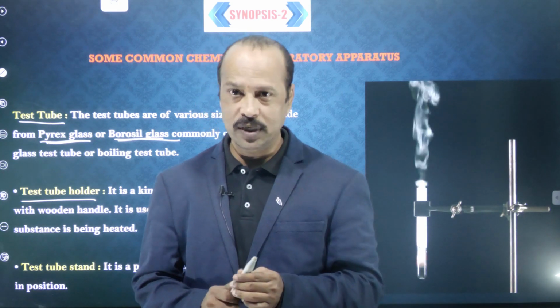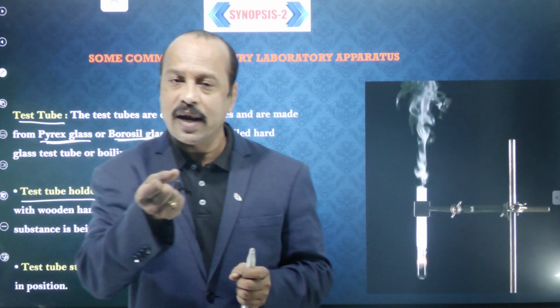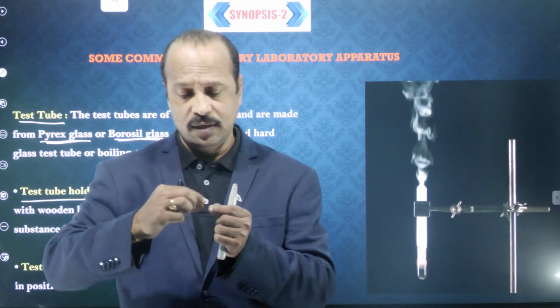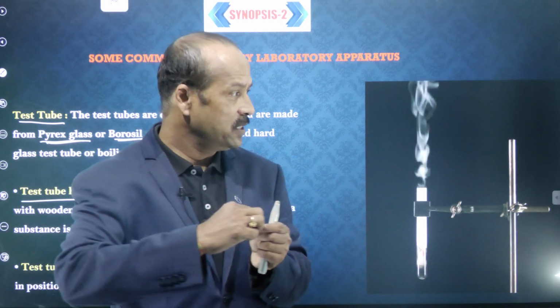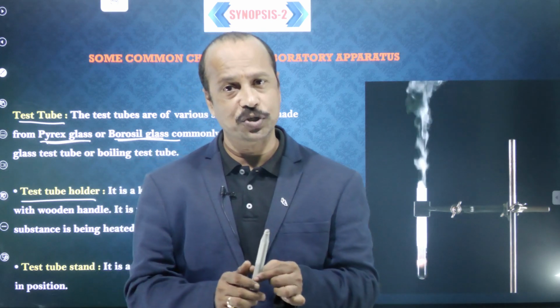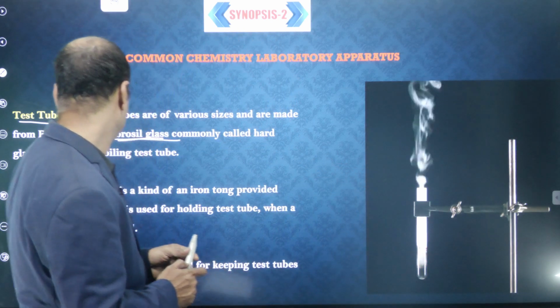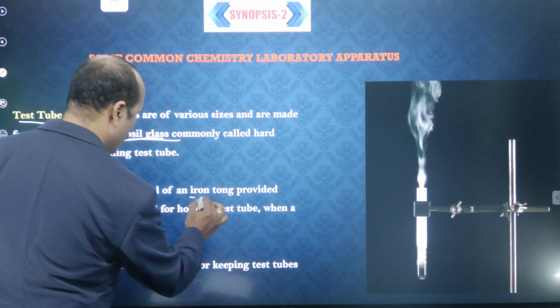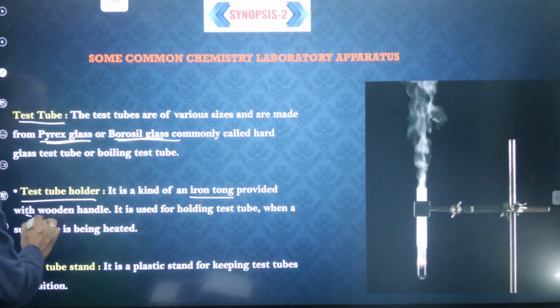This test tube holder consists of a wooden handle along with two metal strips, by which we can hold the test tube. That is called the test tube holder. It is a kind of iron tong provided with a wooden handle.